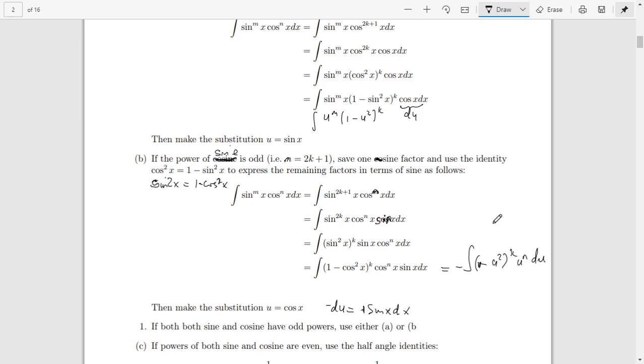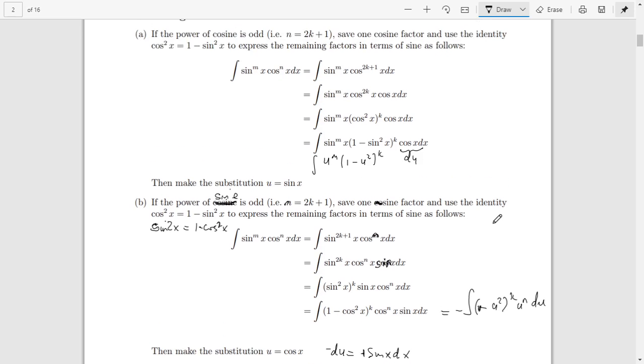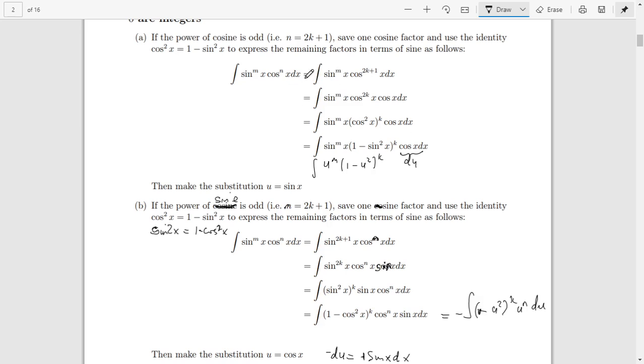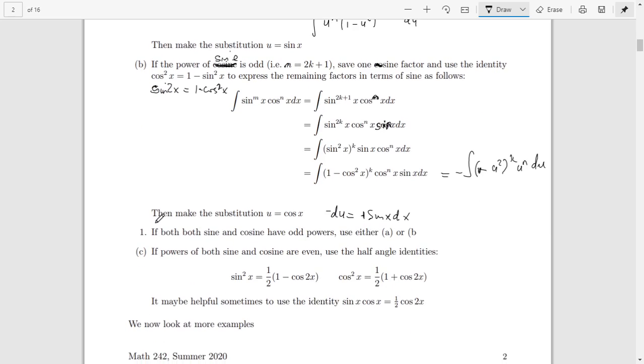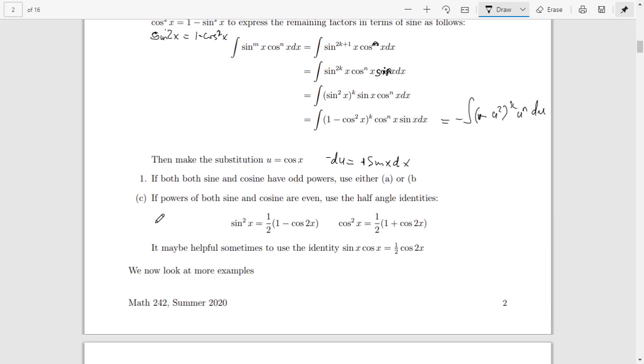It's possible that you could have both sine and cosine with odd powers. If that is the case, you can use either strategy A or strategy B. Finally, if both powers of sine and cosine are even, then it is best if we use either of the half angle formulas.